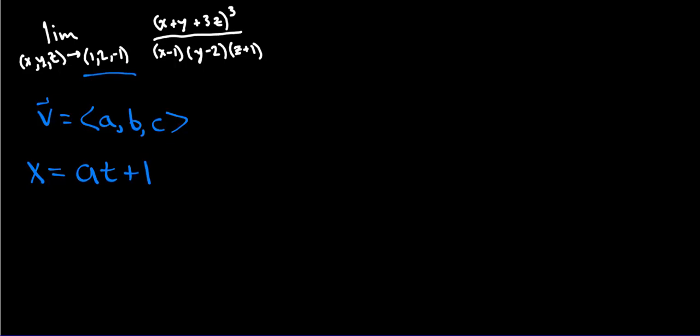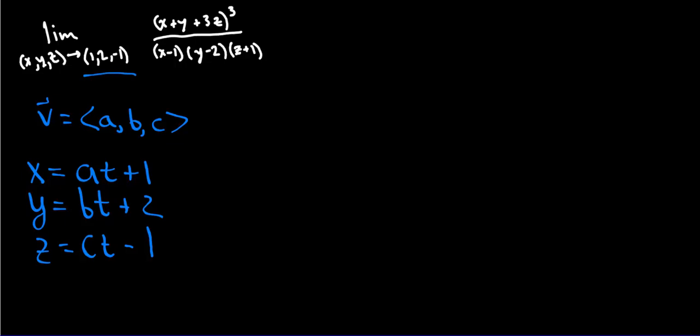Y is equal to BT plus 2. And Z is equal to CT minus 1. Everybody see that? That line will guarantee it's going to pass through that point 1, 2, negative 1.